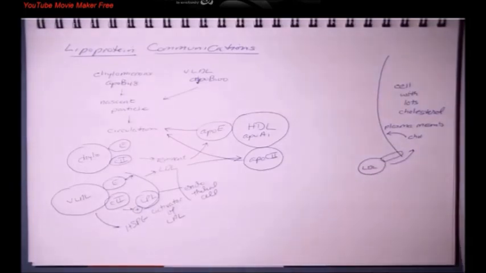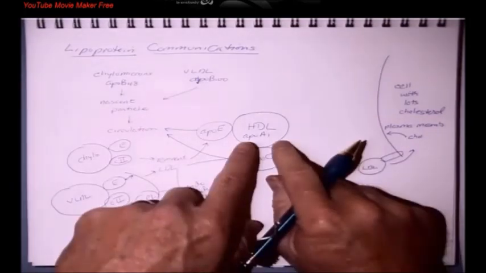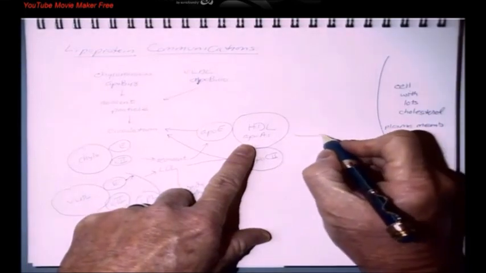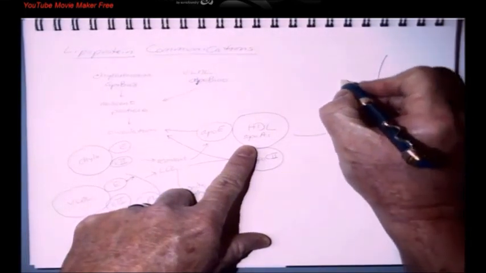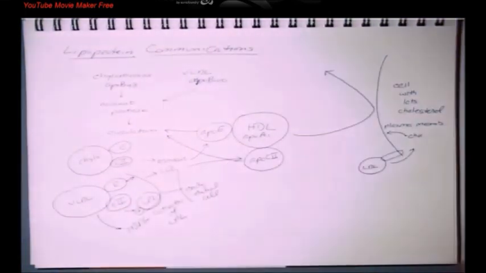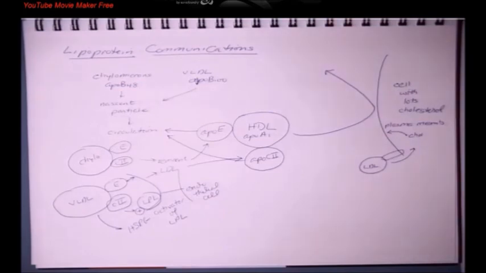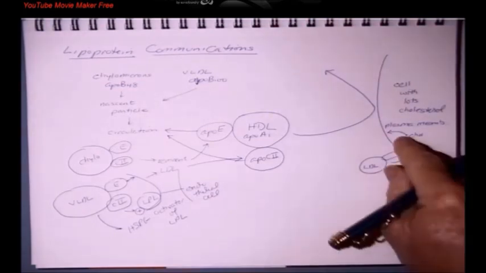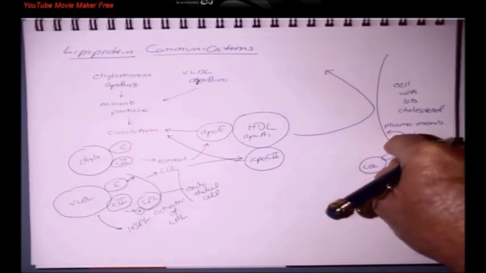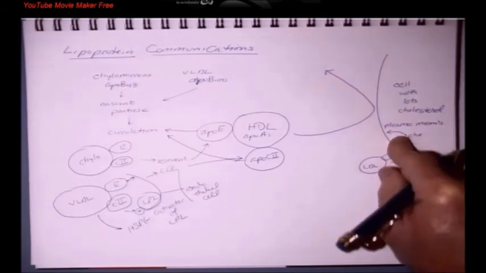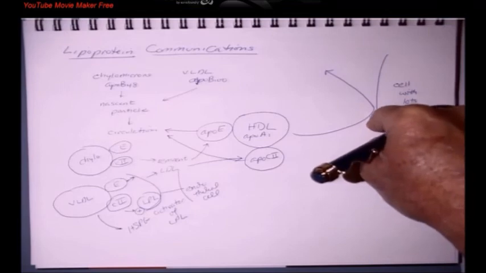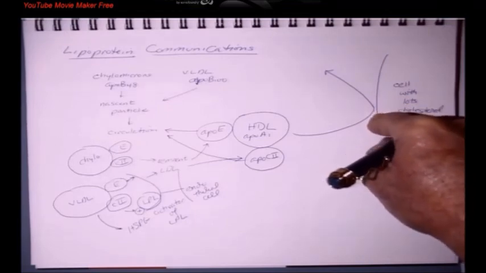Now, if there's extra cholesterol there, HDL is going to come swinging by the cell surface, and its job is to extract that extra cholesterol. Now, the problem HDL has is that cholesterol is a very lipophilic molecule. It's embedded in this lipophilic environment of the plasma membrane.